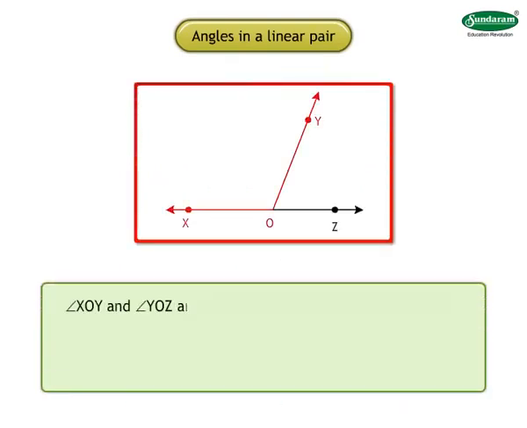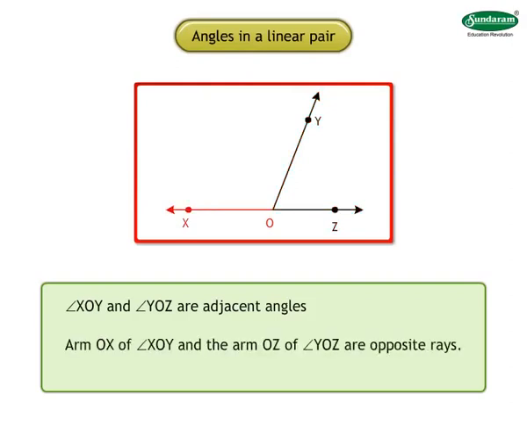Here, angle XOY and angle YOZ are adjacent angles. They have a common arm OY. The other two arms, that is arm OX of angle XOY and the arm OZ of angle YOZ, are opposite rays. Thus, angle XOY and angle YOZ are a linear pair of angles.